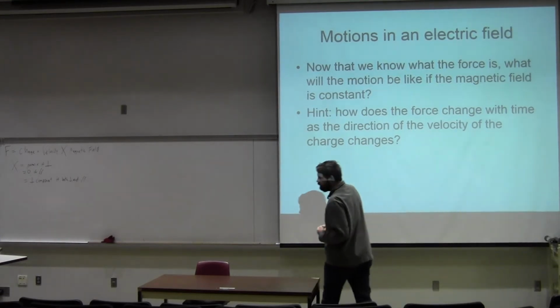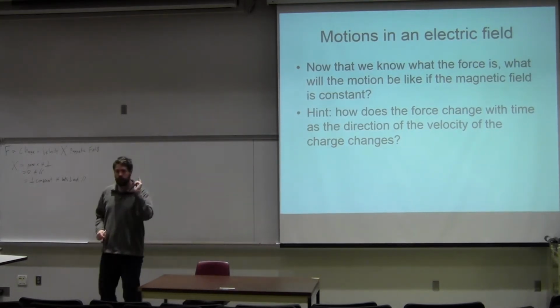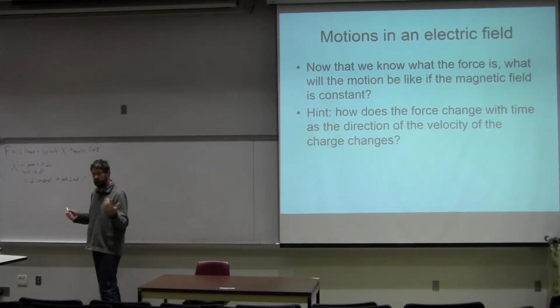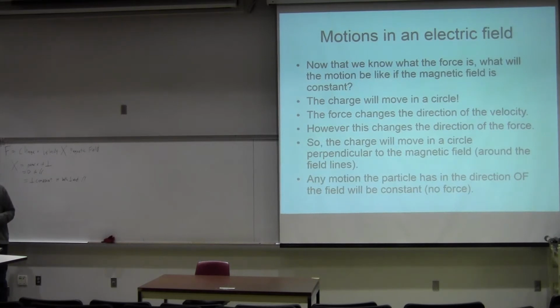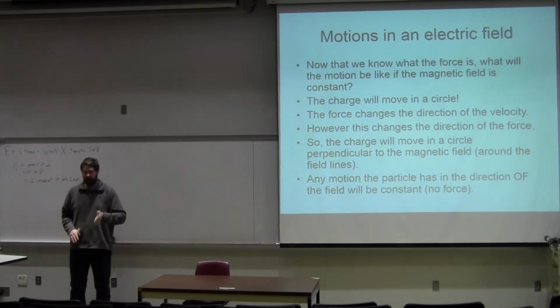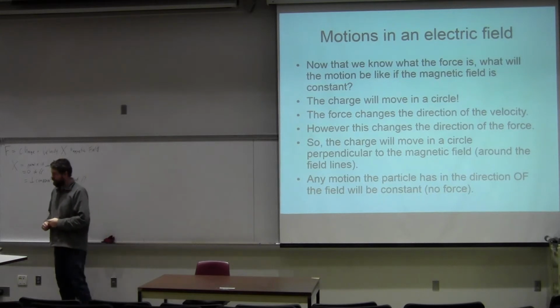All right. So that's the motion we get if the velocity is perfectly perpendicular to the magnetic field. This also allows us to create cyclotrons, particle accelerators, if you will, where we make sure the magnetic field lines go one way and the velocities go another way, and they go in a loop.